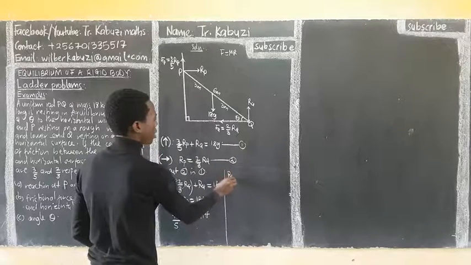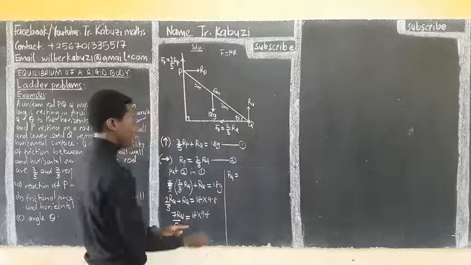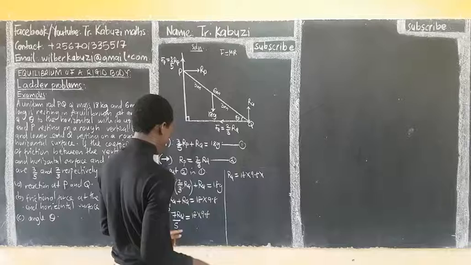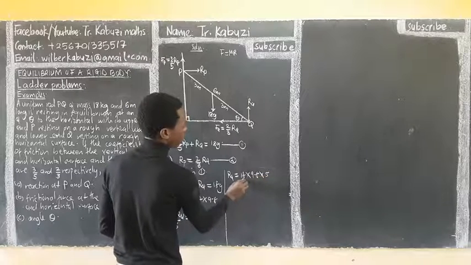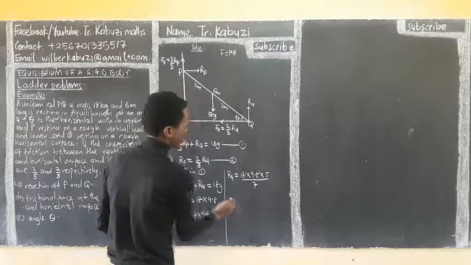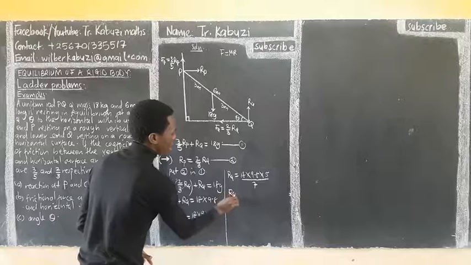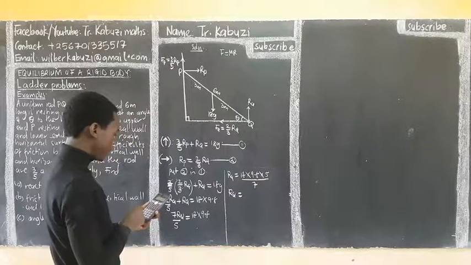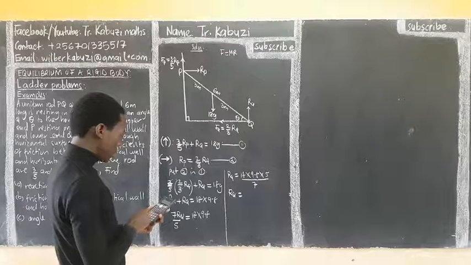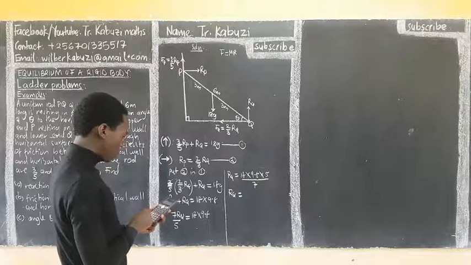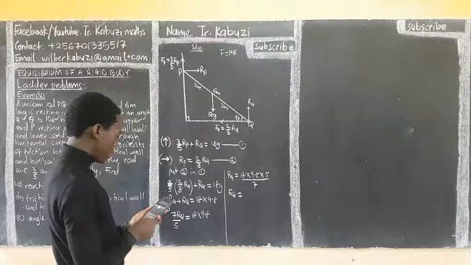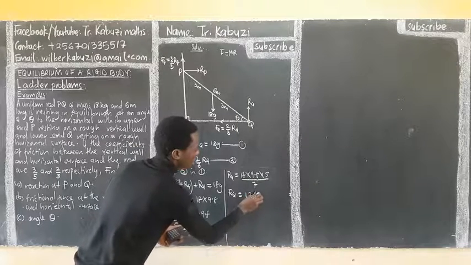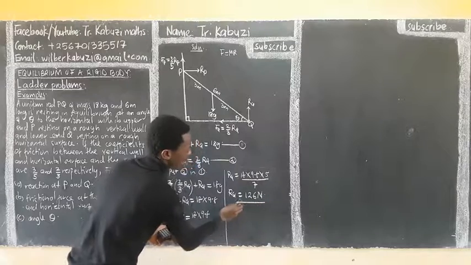So my RQ is going to be 18 times 9.8 times 5 over 7. So that I come and get our RQ. From there, here I'm getting 126 newtons. So this is my RQ.